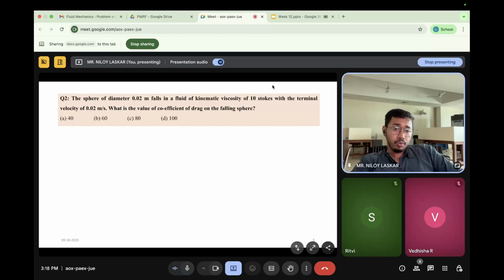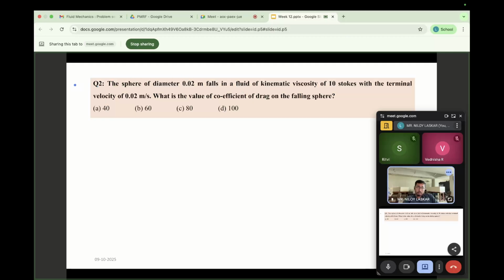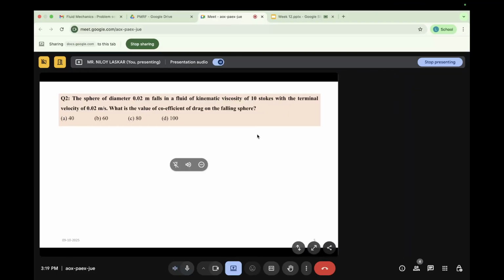So at least they should follow this quite precisely, because that will help you in your future research work, even in interviews. One more minute I am giving. Please try.